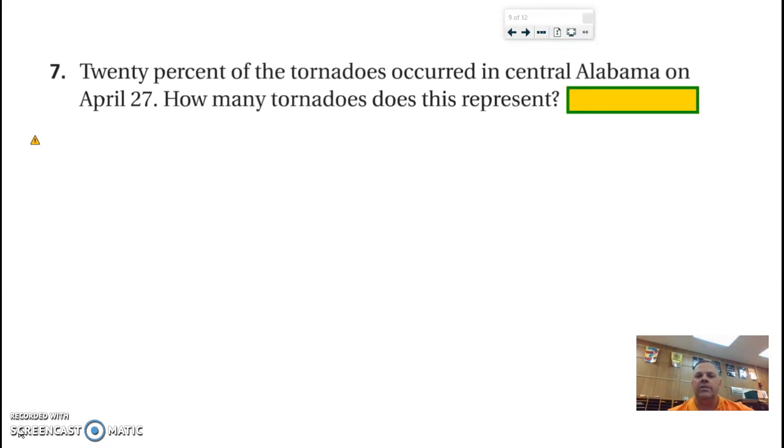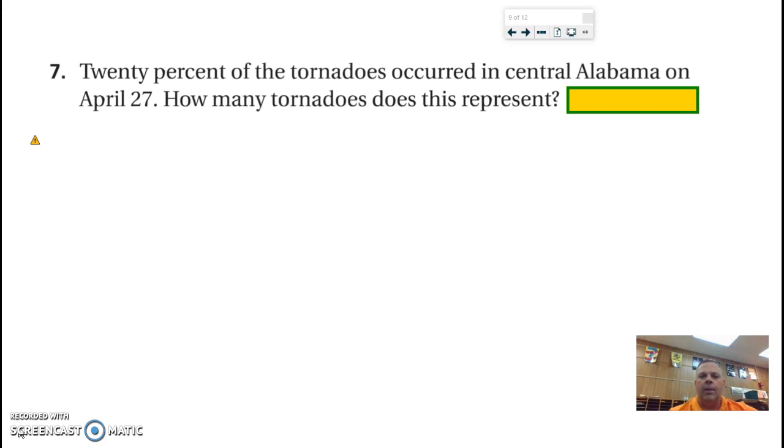In a continuation problem, this is saying 20% of the tornadoes occurred in central Alabama on April 27th. How many tornadoes does this represent? For us to solve this, we don't know how many tornadoes occurred in central Alabama on that day. We do know from our last slide that there were 145 total tornadoes. And we now know that 20% occurred in central Alabama.